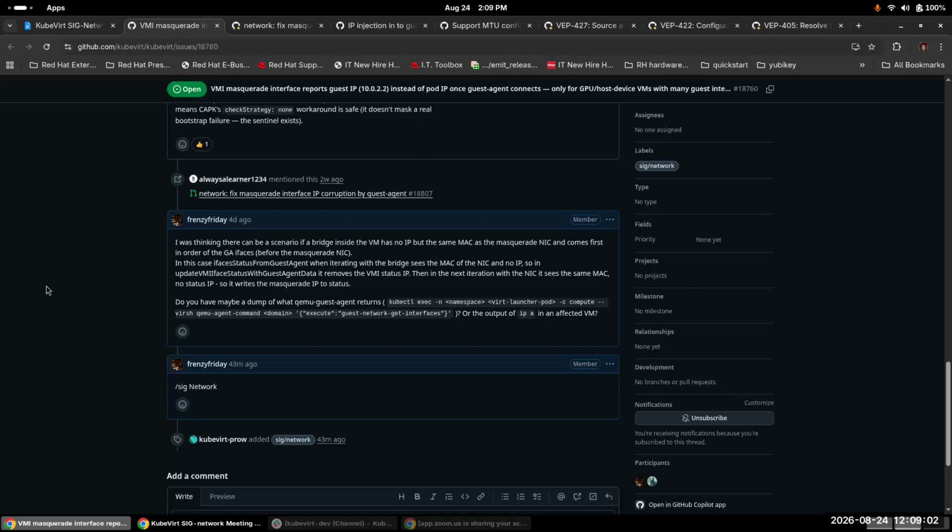So if a bridge or something in the VMI has the same MAC address as our main interface, the primary interface, it will find it in the VMI status. And then if this bridge or the faulty NIC does not have an IP, it will say, okay, the guest agent reported no IP on this particular interface. So let me set it to nil.